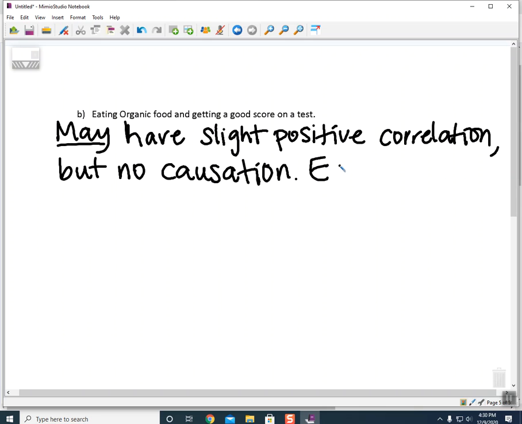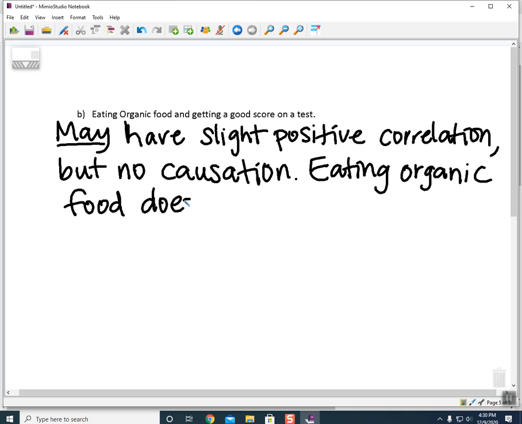Eating organic food does not cause you to do well on a test.